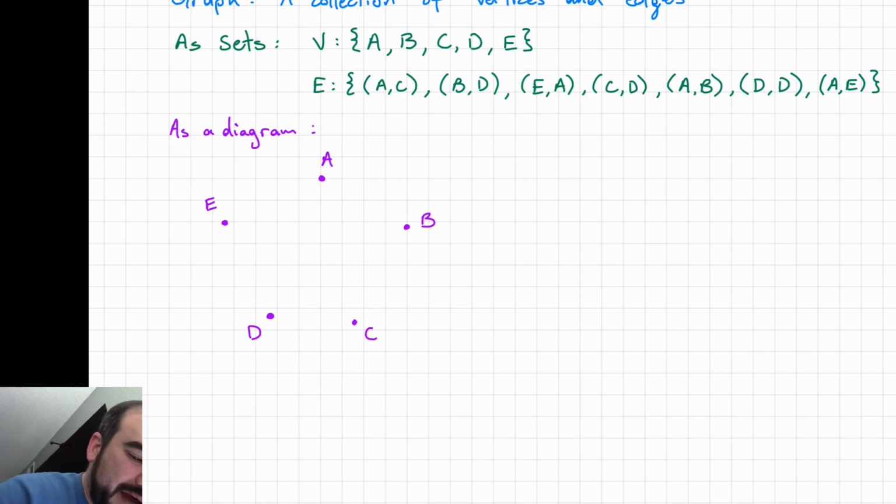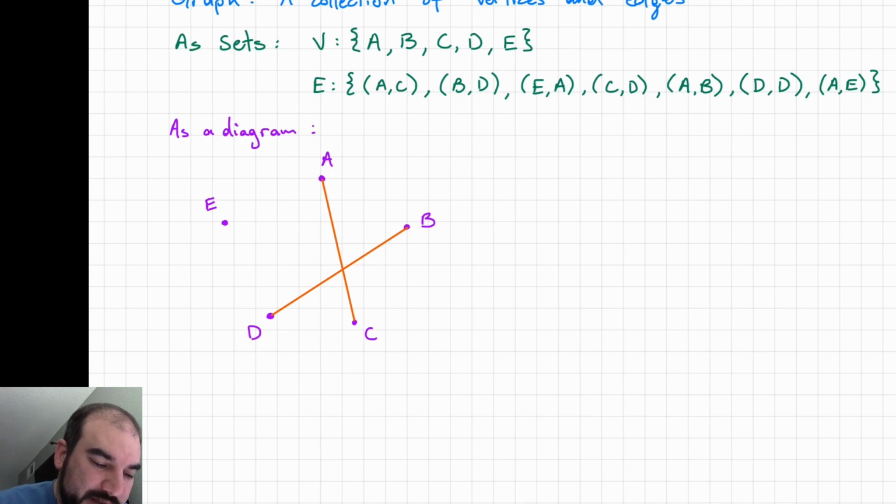So the first edge I have here in my edge set is A comma C, which means there is an edge between A and C. The next edge is B comma D, which means there's an edge between B and D. Next edge is E comma A, connecting E to A. Next one is CD, so I have an edge connecting C and D. Next one is AB, which means we have an edge between A and B.